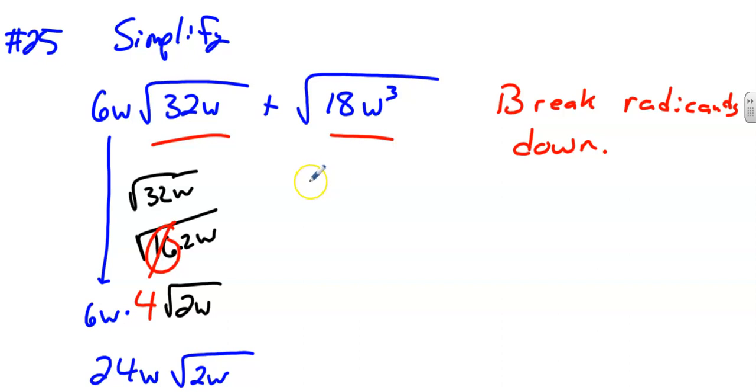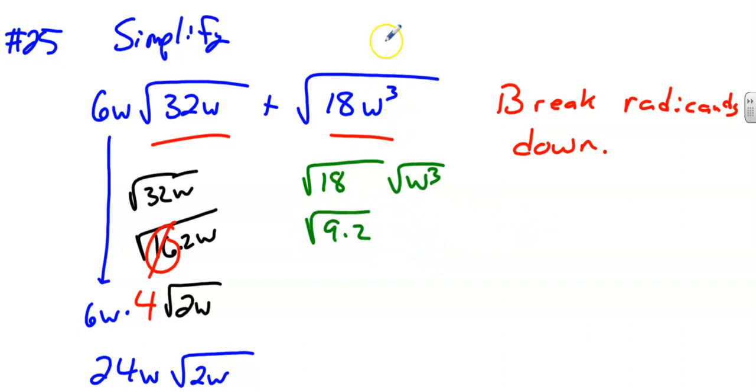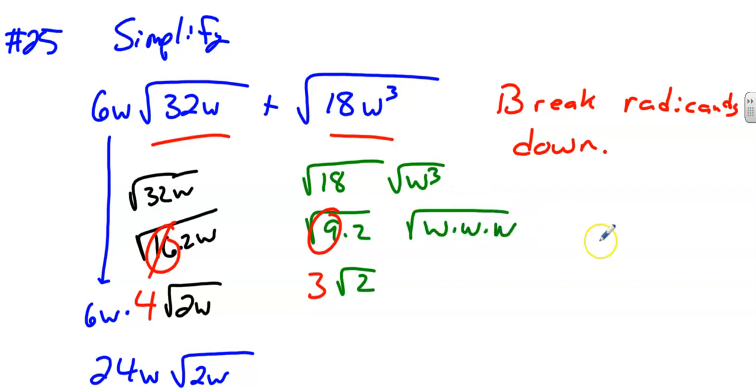Okay, second radical, same type thing. We've got the square root of 18. Now that one you can simplify both of these, so we'll go ahead and break it up. 18 would be 9 times 2. But again, there's your perfect square root, so we can make that 3 square root of 2. And w to the third, we have w.